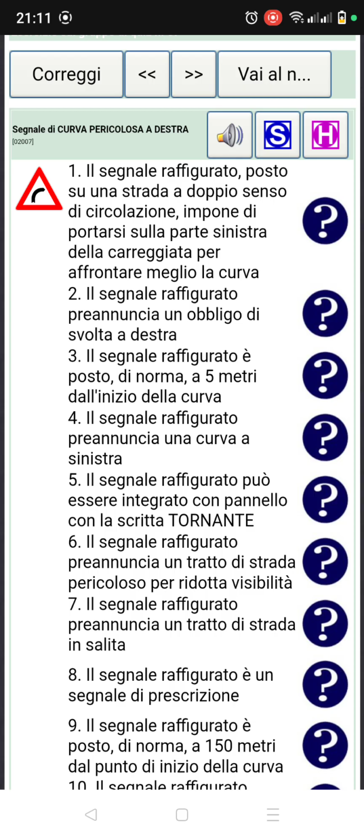So this question, number one: il segnale raffigurato, this sign figure, posto su una strada a doppio senso di circolazione, if it is placed on a road of two-way circulation, impone di portarsi sulla parte sinistra, it obliges us to go to the left side of the carriageway per affrontare meglio la curva, to confront the curve better. No, it's false.